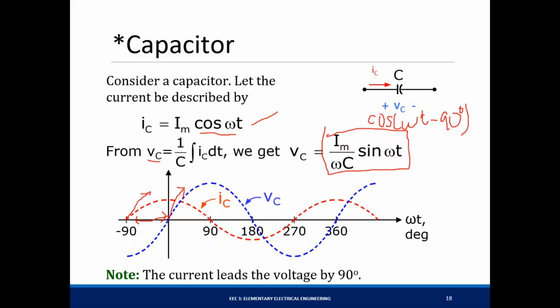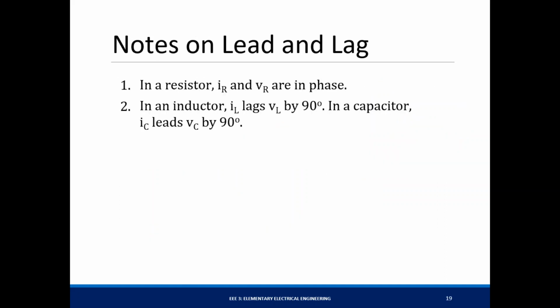so that's the behavior of your capacitor, inductor, and resistor when subjected to a sinusoidal current or alternating current. So just some notes: in a resistor, again, your current and voltage are in phase. In an inductor, your current lags the voltage by 90 degrees, and in a capacitor, your current leads the voltage by 90 degrees.